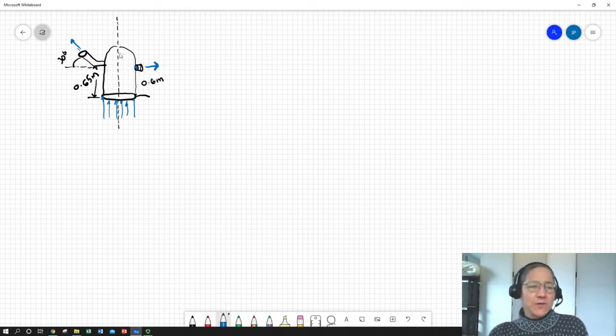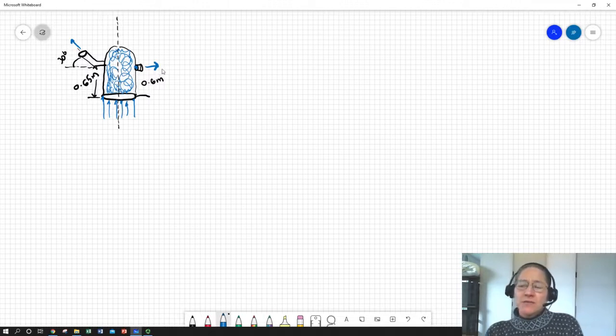For that, one easy way to look at this is to look at the water inside the hydrant as being stationary. It's got a pressure. It's like a pressure vessel, and it fills up, and it's got pressure, but it's not really moving.